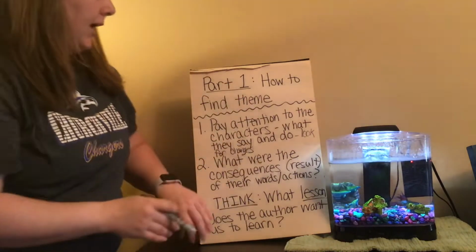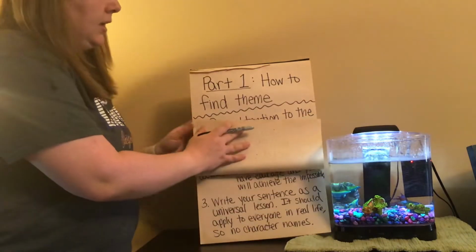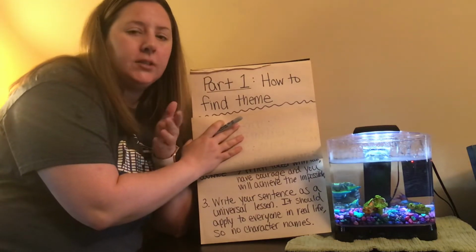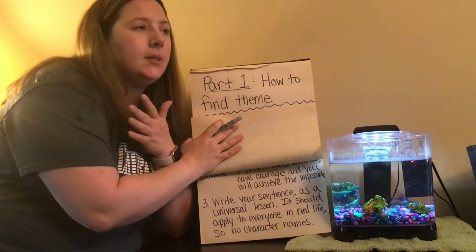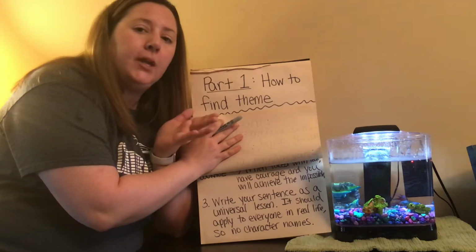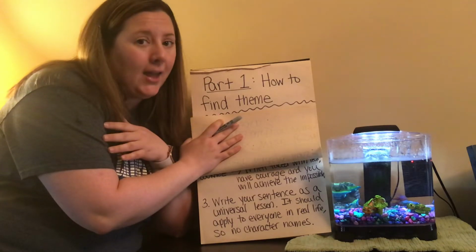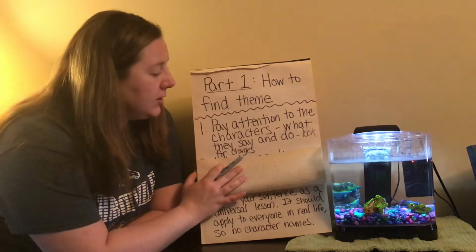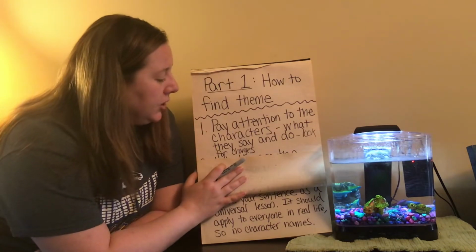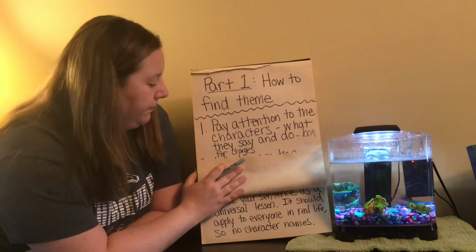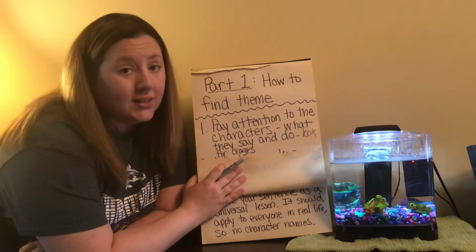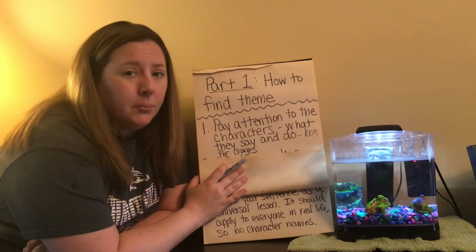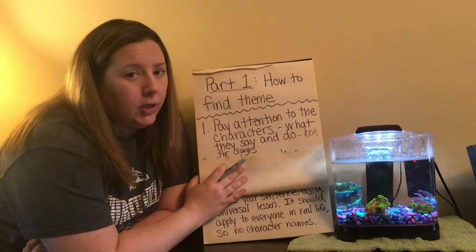So here we go. How to find theme. Okay, so how to find the theme isn't something that you're going to think about once the story is over. It's really something that you should be thinking about from the beginning of the story all the way until the end. So the very first thing that you want to do is pay attention to the characters, especially what they say and do, and look for any changes that they make, because all the time, people don't just change for absolutely no reason.